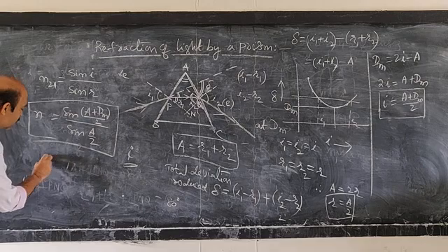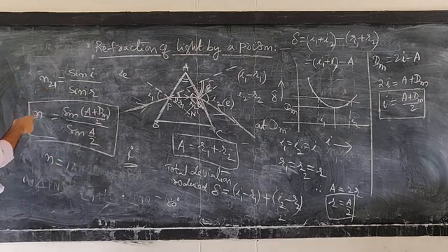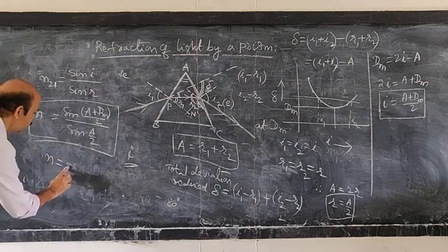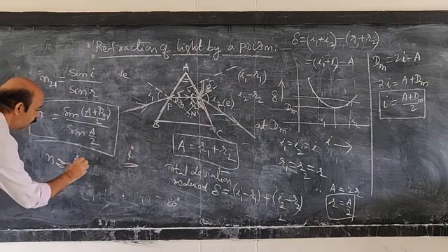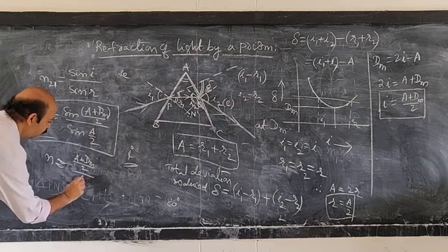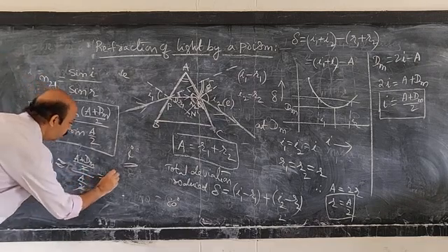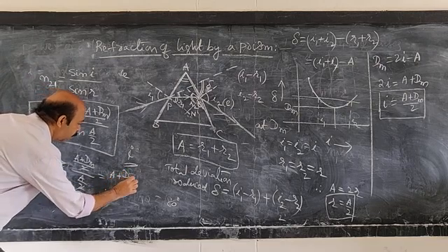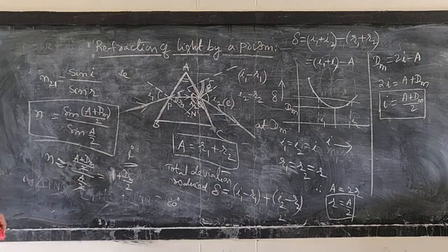So in such case, n is equal to, I am dropping the subscript, so I am writing it as n for refractive index. This refractive index formula changes into (A plus dm) by 2 by A by 2.